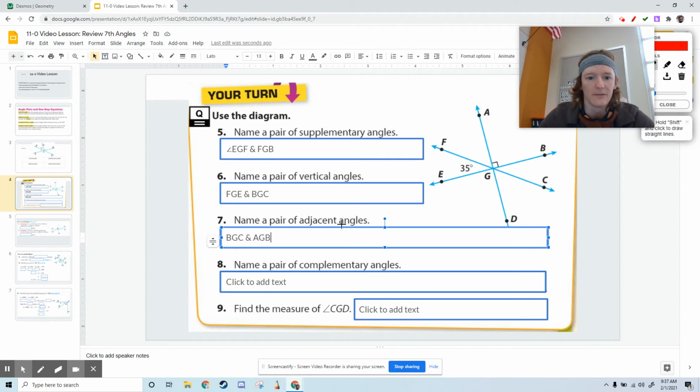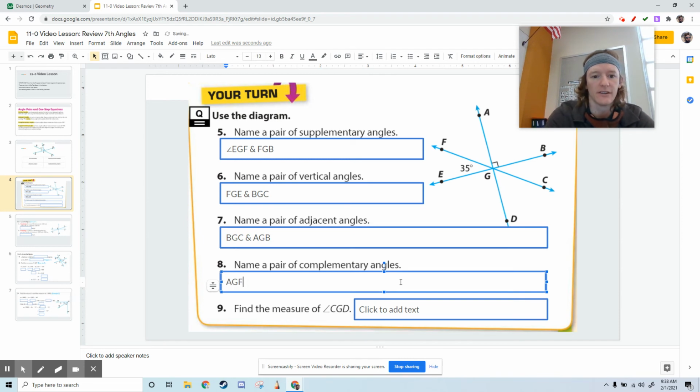Number 8, we've got a pair of complementary angles. These are angles that add up to 90. We've got a couple we could choose. We could choose these two, or we could choose these two. Notice because it's complementary angles, that equals 90. Those are also vertical angles. So let's choose these ones up here.